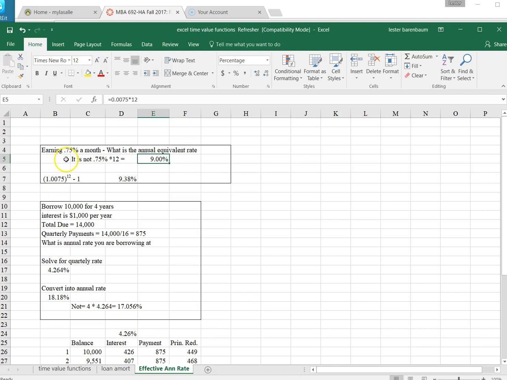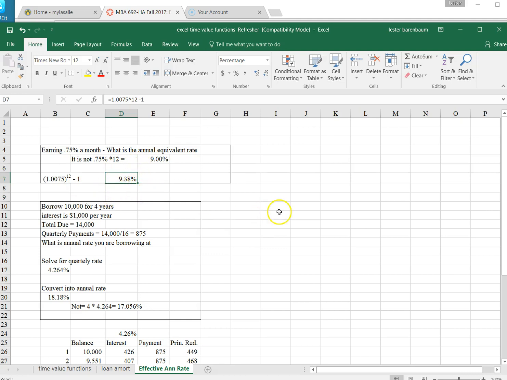So earning 0.75% a month, earning interest every month, is the equivalent of getting interest once a year of 9.38%. And that's the annual equivalent rate. 1.0075, 0.75%, raised to the 12th, less 1, is your 9.38%.